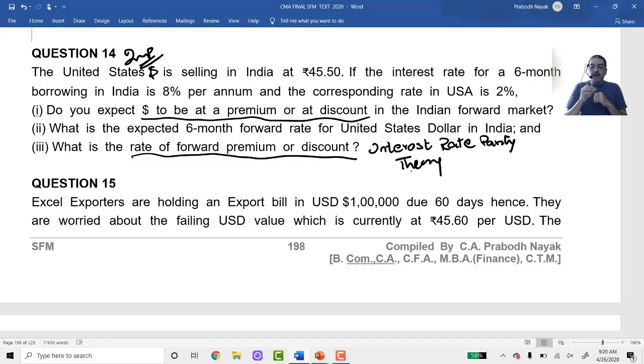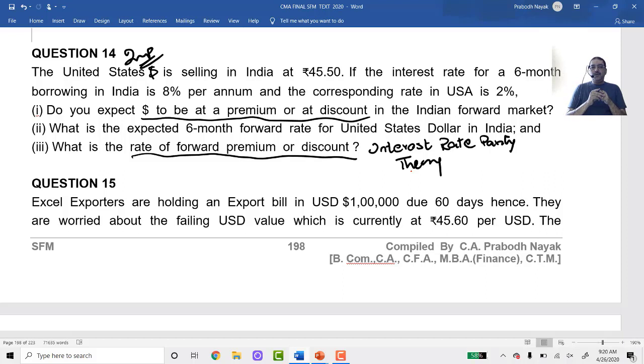The interest rate parity theory says that the country having a higher rate of interest will have its currency at forward discount.